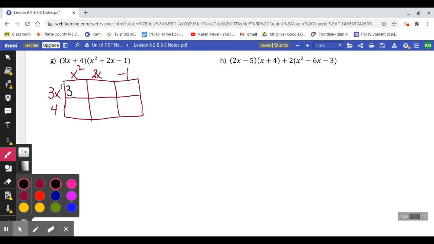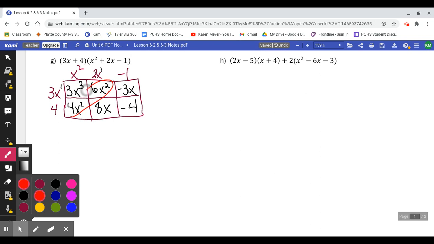Well, that will give me 3x to the third. 3x times 2x will give me 6x to the second. 3x times negative 1 is negative 3x. 4 times x squared is 4x squared. 4 times 2x is 8x. And 4 times negative 1 is negative 4.